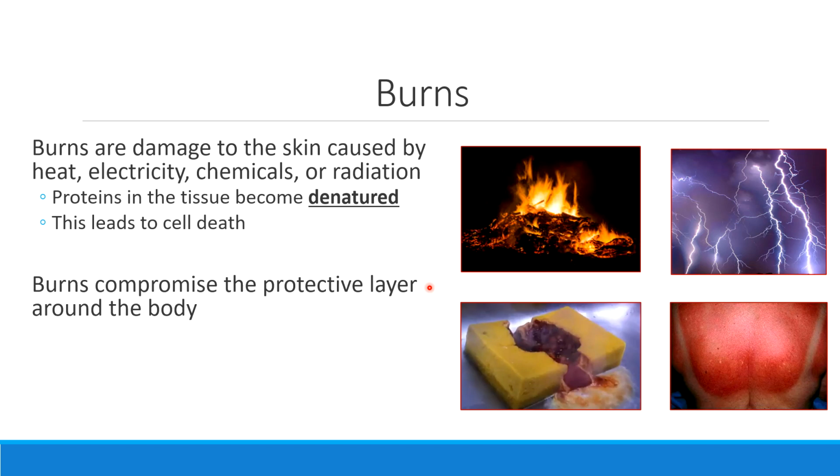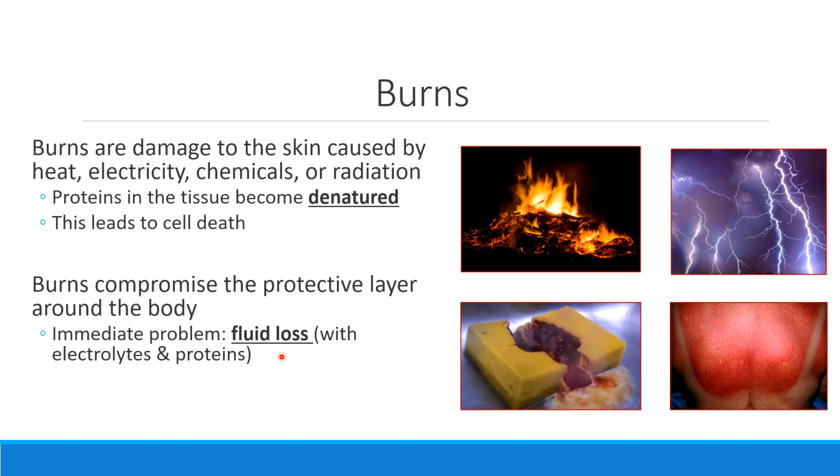When we think about burns, there are two groups of problems we have to consider. Problem number one, immediately following a burn, especially a very large burn, is fluid loss. When we talk about fluid loss, this is the seeping of fluid, often interstitial fluid from in between tissue cells.